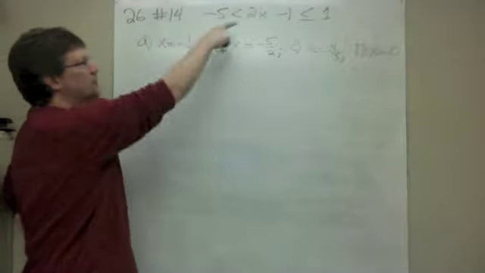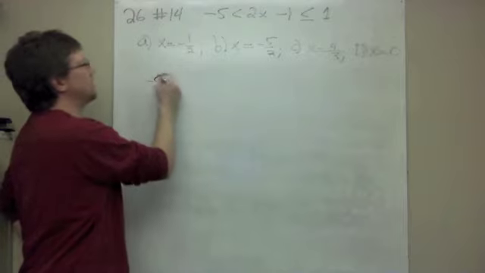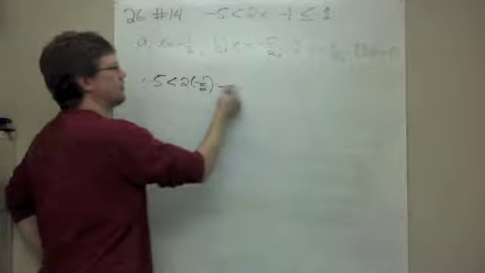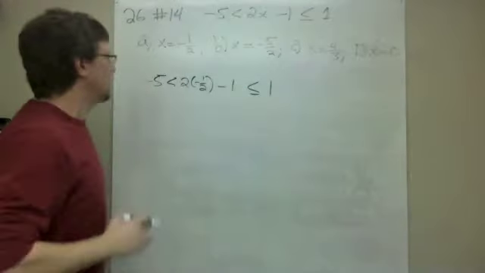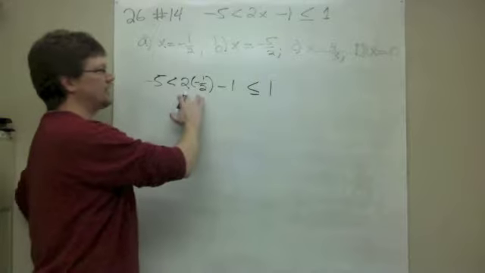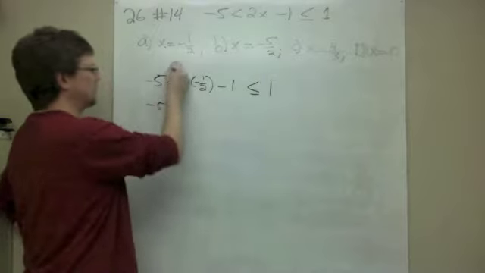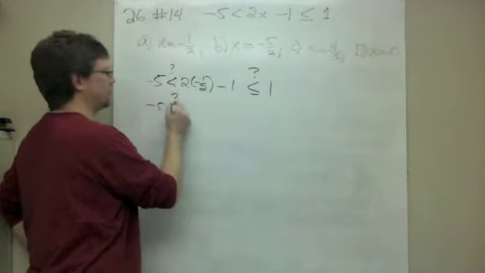So what we do is we replace x with a negative a half, and we test. Is minus 5 less than 2 times negative a half minus 1 less than or equal to 1? Well, 2 times negative a half is negative 1. Stick question marks over the stuff we're not sure of.